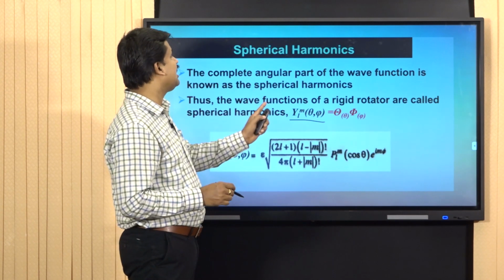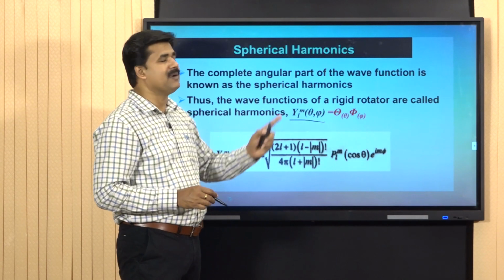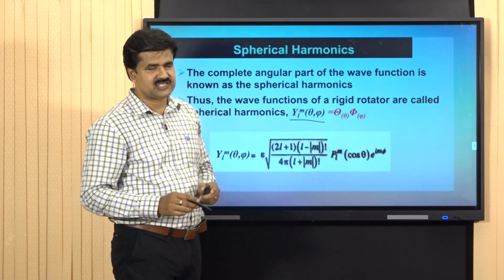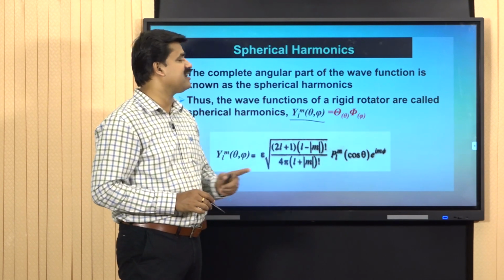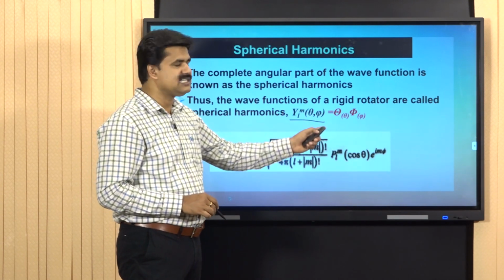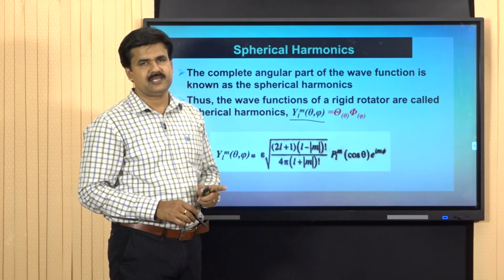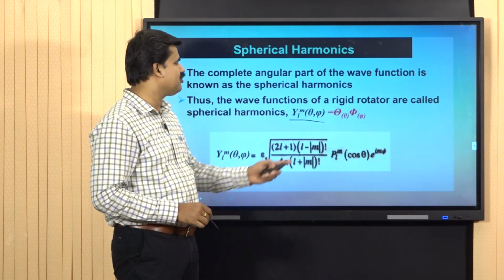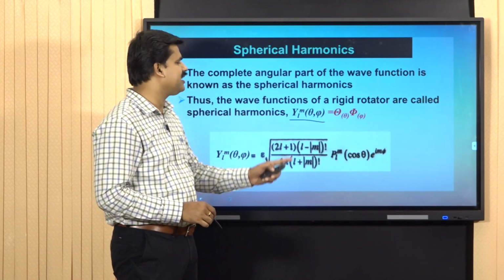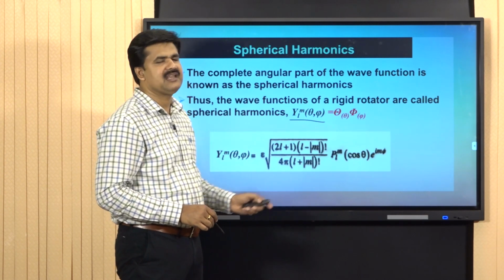Hence, spherical harmonics represents the complete angular part of the wave function, Y L M theta phi equal to theta of theta into phi of phi. We can get different values of the spherical harmonics by putting values for m and l.